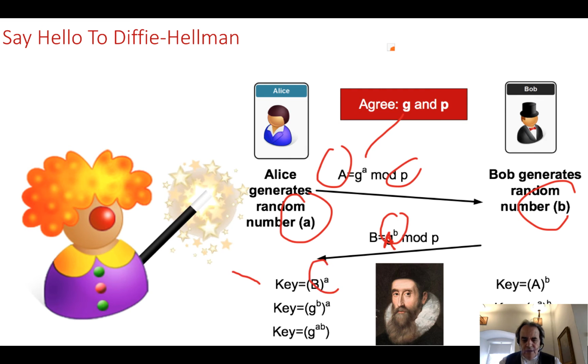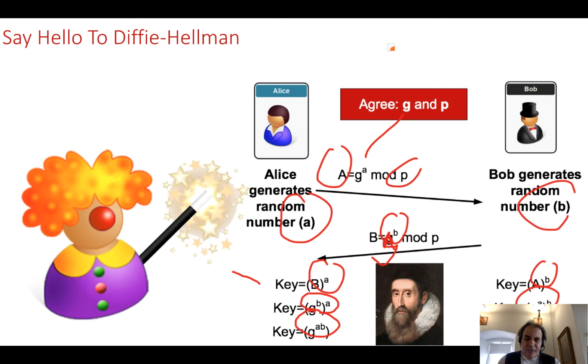So Alice then raises it to the power of a. Because of the power of logs, that's g to the power of b to the power of a. So we get g ab. Sorry, that should be g to the power of b. And so we've got g to the power of ab. And then over here, because of John Napier, we take a to the power of b, and then we get g to the power of a to the power of b, which is g to the power of ab.